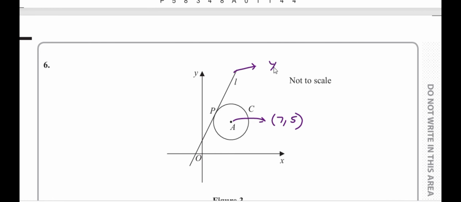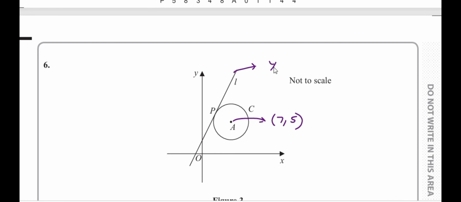Okay. So you know that tangent is perpendicular to the radius. Therefore, starting from the gradient of this tangent line, we can find the gradient of PA. And therefore, we can find the equation of PA because it's passing through the point 7, 5. So that's our strategy. So let's write the equation of the line L as y is equal to 2x plus 1.